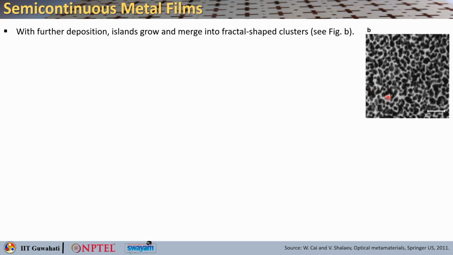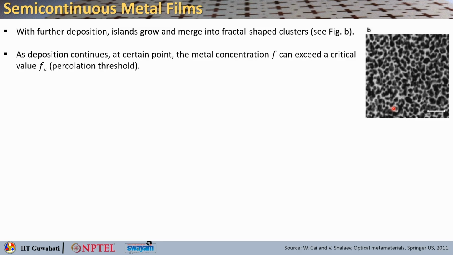Okay. So, the dark and the bright spots here basically represent the metal and the dielectric component respectively, and the scale bar is typically around 200 nanometer, and that is for both this image and the other one. So, you can understand comparatively how the islands have grown in size and then they merge together to give this kind of a structure.